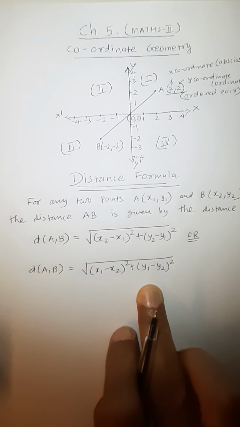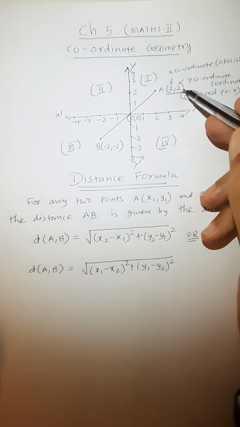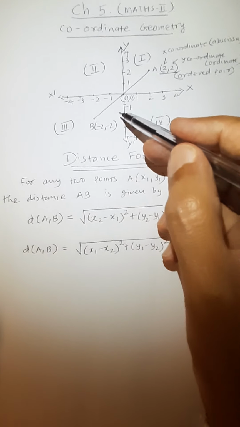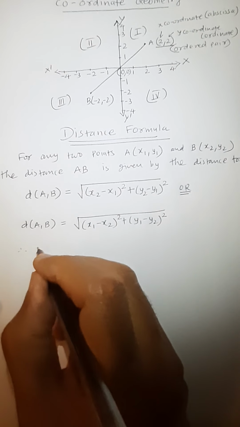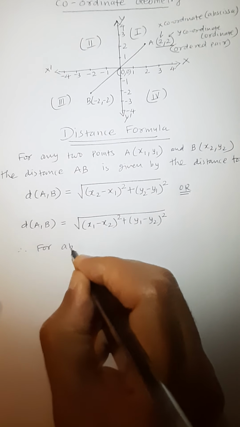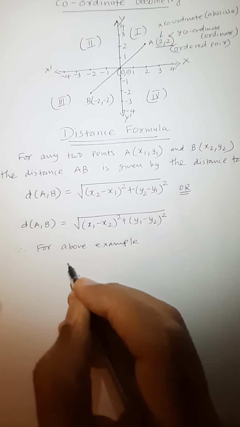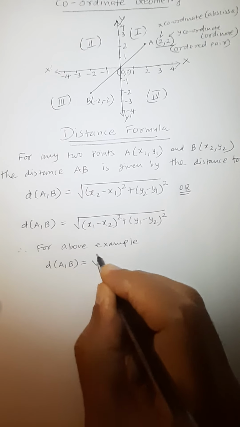So this is the distance formula. Now suppose in the given example where A has coordinates 2 comma 2 and B has coordinates minus 2 comma minus 2, if you have to find the distance, how will you find it? So for the above example, distance A comma B is equal to, what is the formula?